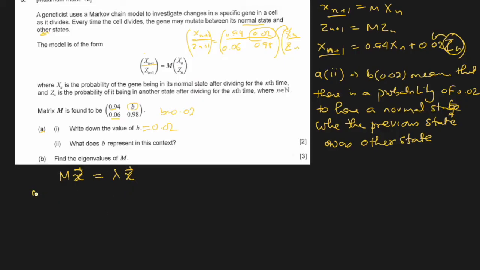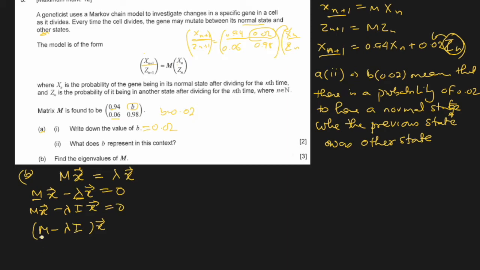So it becomes M x minus lambda x equal to 0. This is a matrix, this is not a matrix, so let's multiply this with a unit matrix. So M minus lambda times unit matrix, times x, equal to 0. Take eigenvector common, so we are left with this.